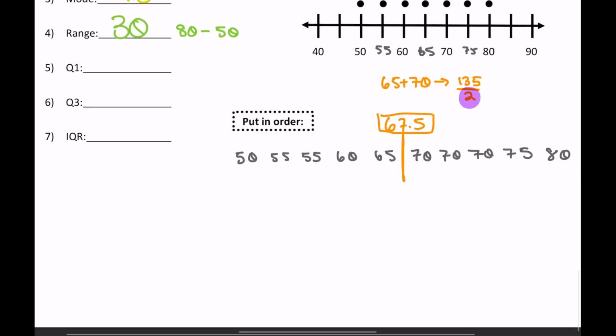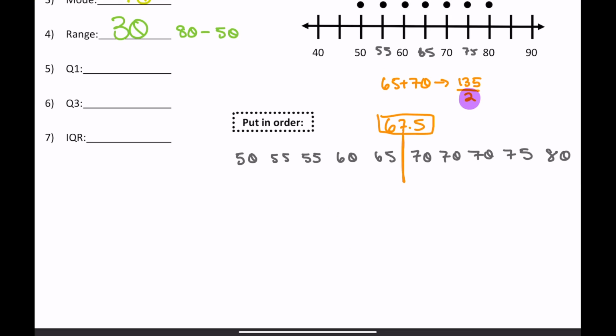When we figure out our Q1, we are going to use all of these numbers to the left of that orange line. Even though I know we used that 65, it is not our median. We used it to figure out our median, but it is not our median.